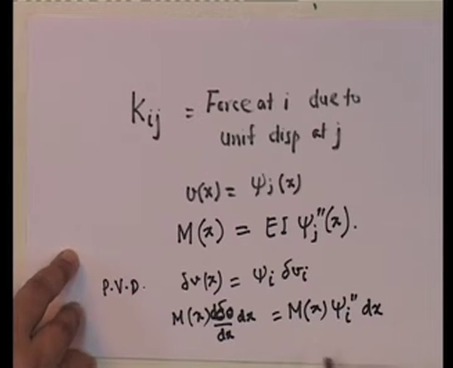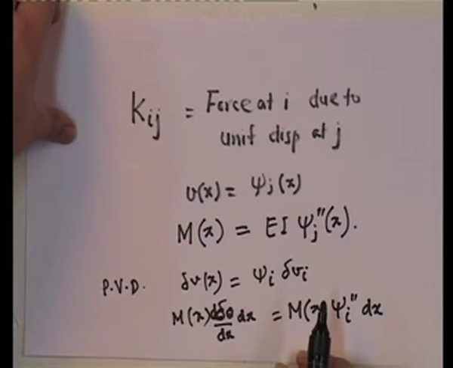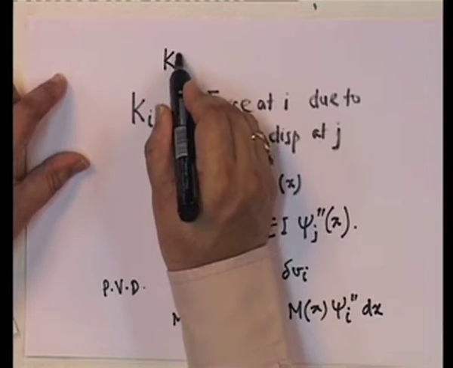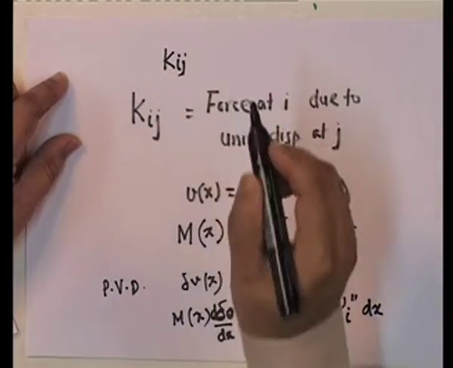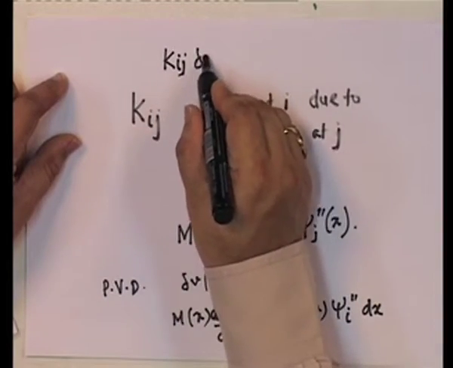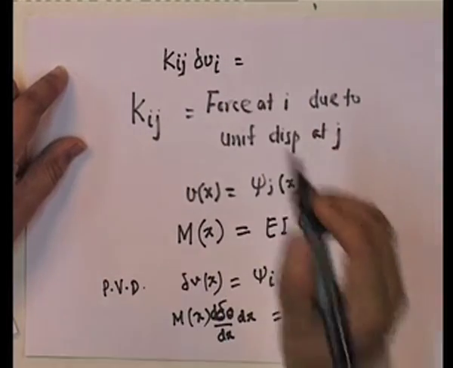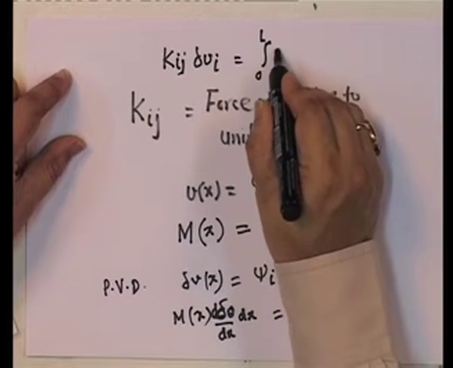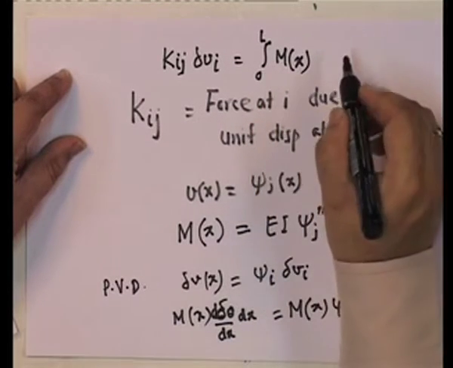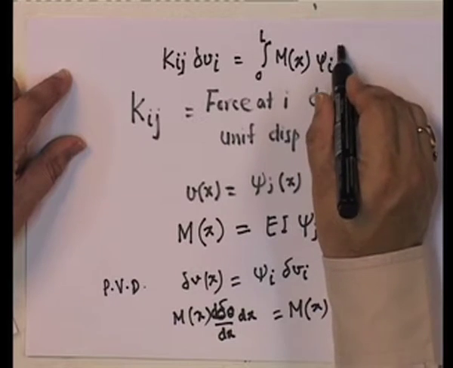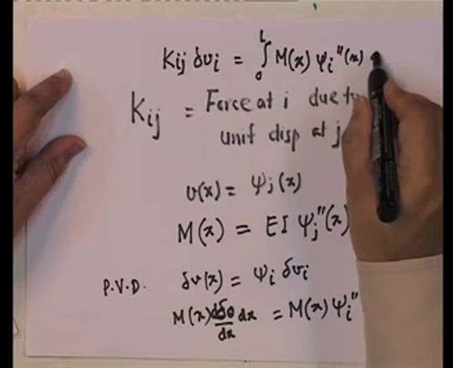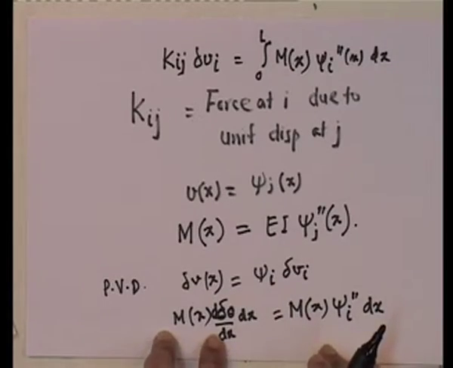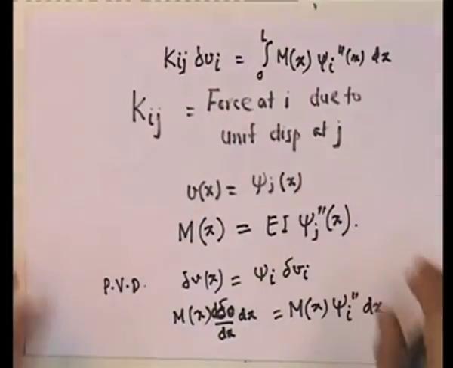So, by definition, k I j into delta V I is equal to the integral from 0 to L of m x into xi I double prime x dx, because that is at a particular infinitesimal length, and then this is to be integrated over the whole length.